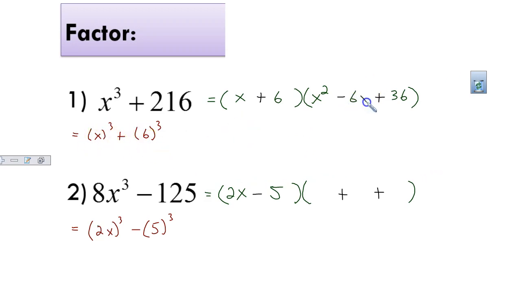So that's 6x. So remember, the first one stays the same. We're only using these numbers once we figure out what they are. The second one, you square the first, then you multiply them together to get the middle, and then you square the last. And that is it.